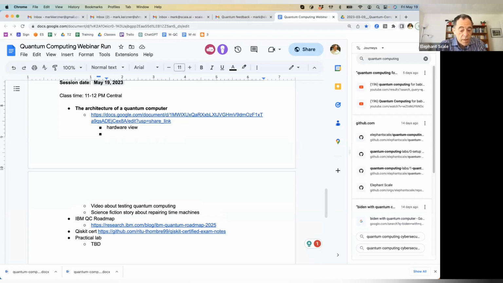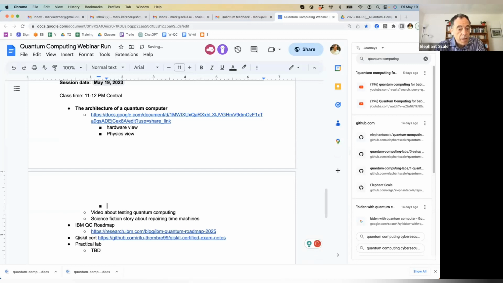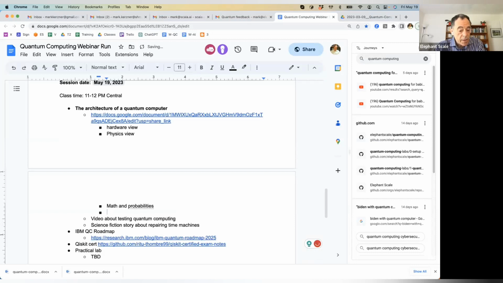Another one is physics. Another one is pure math. Math and probabilities. And yet another one is code in Qiskit.